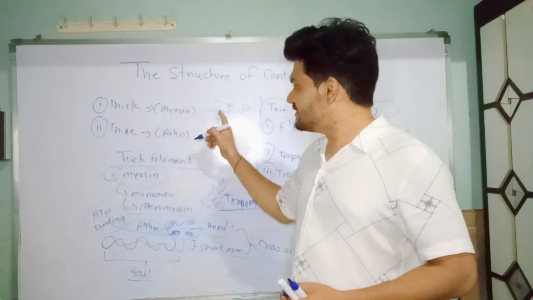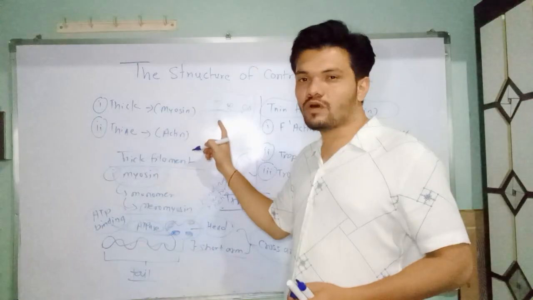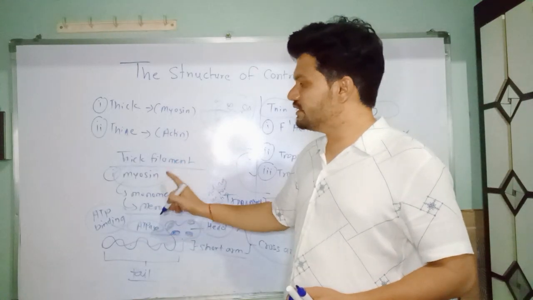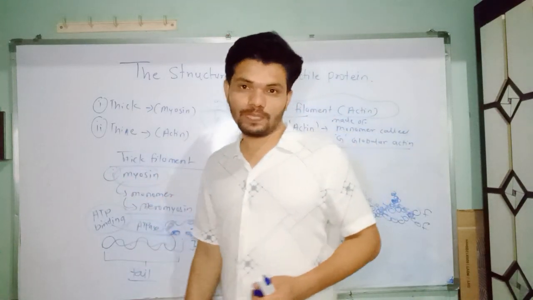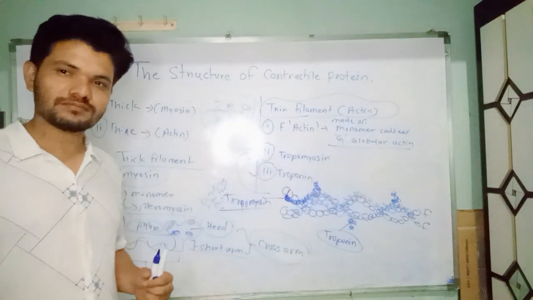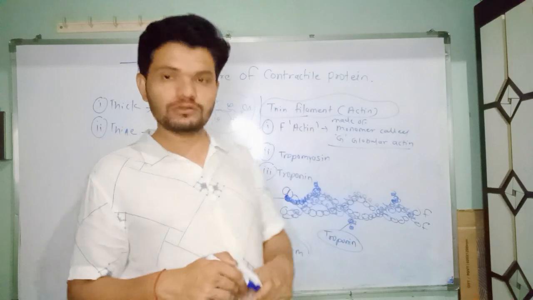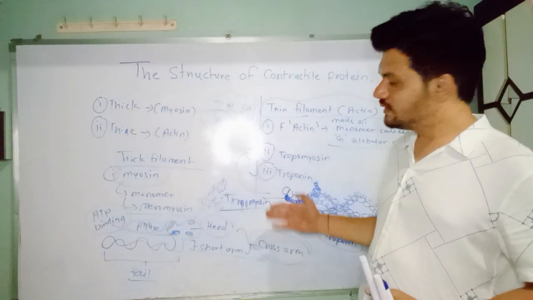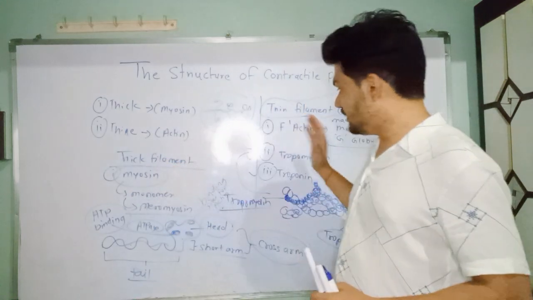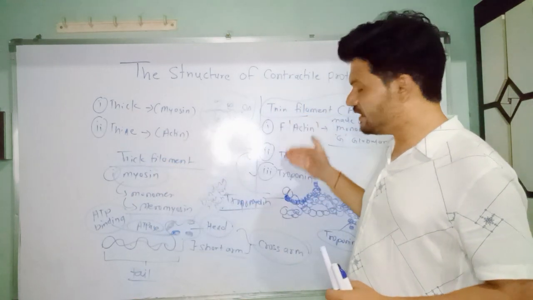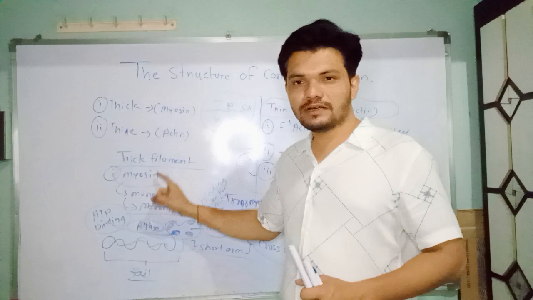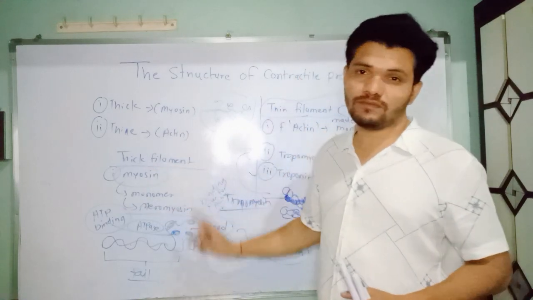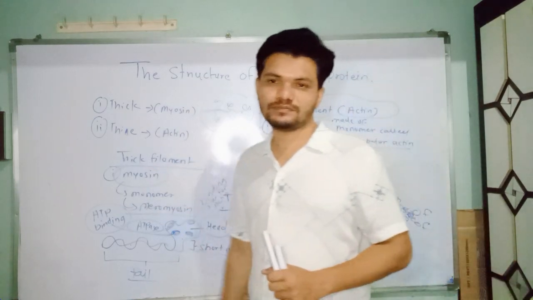So meromyosin is the monomer for myosin, which makes your thick filament. I hope it is clear now.